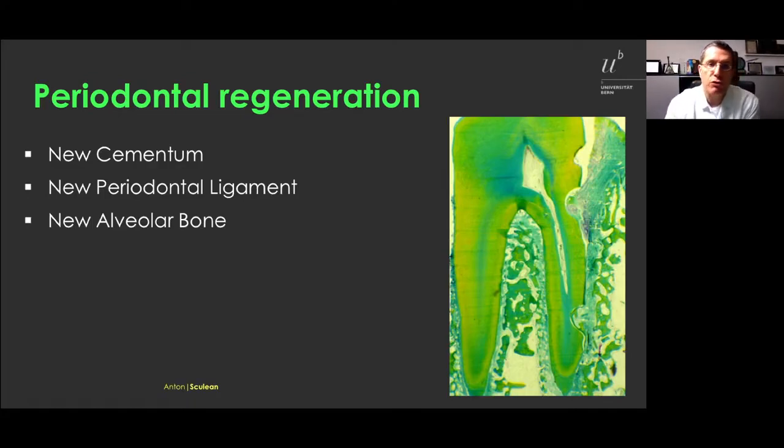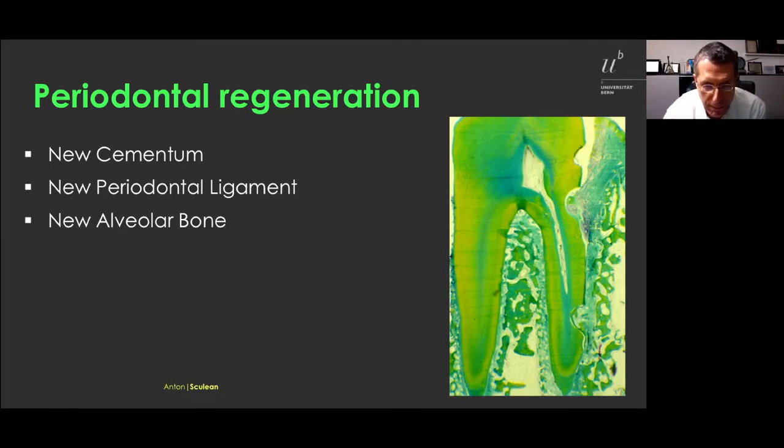The quality of the tissue can only be analyzed and demonstrated via histological analysis. So if you look at this slide to the right, what you can observe is the right root. Please observe a notch in the root surface. This notch is always placed during the experimental procedure.